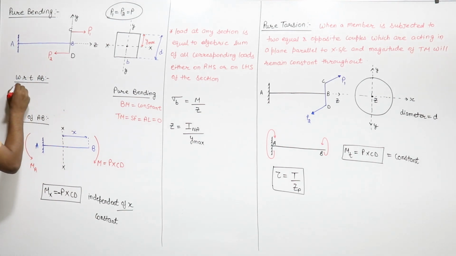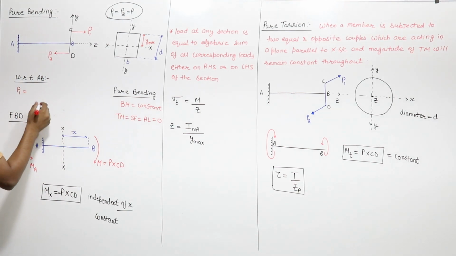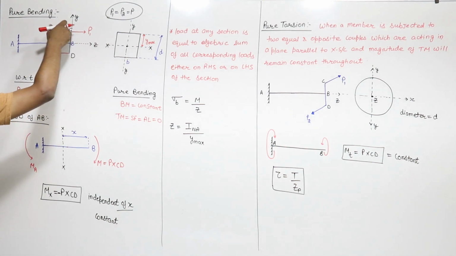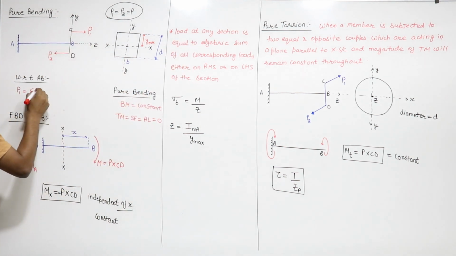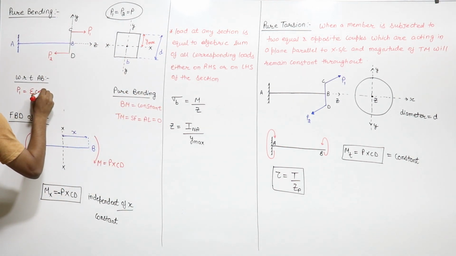So the load P1 is eccentric, and if this is the cross section of AB, it is an eccentric tensile load.